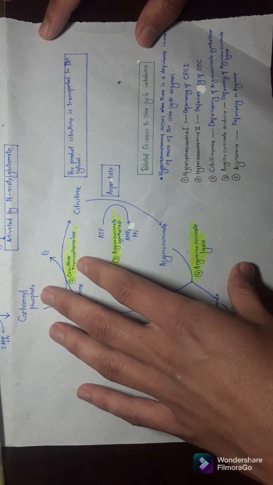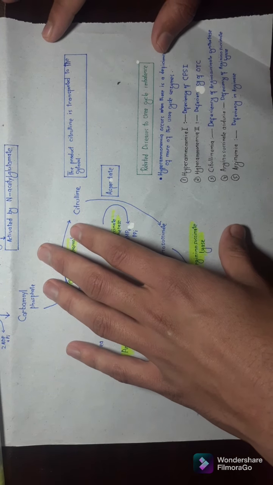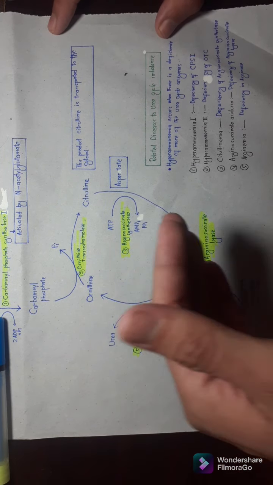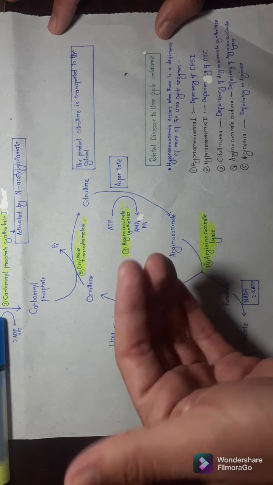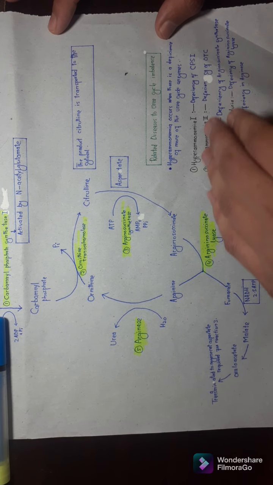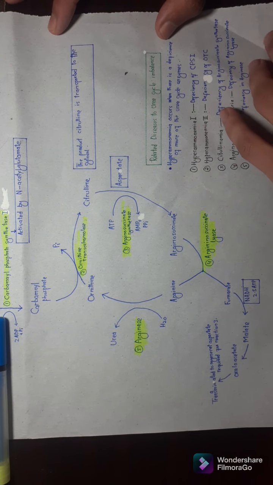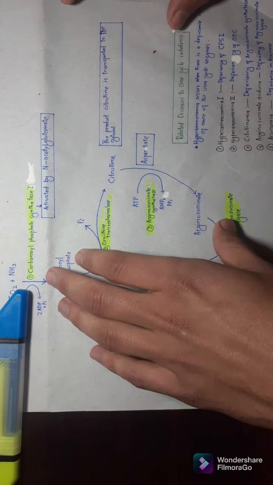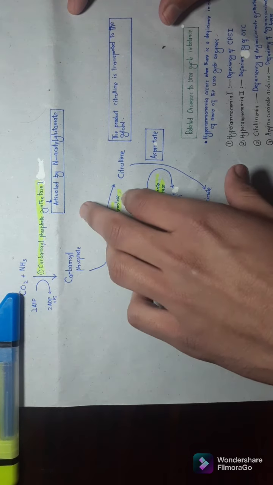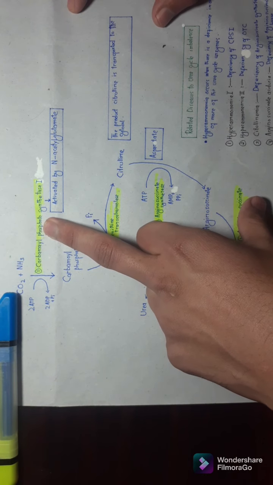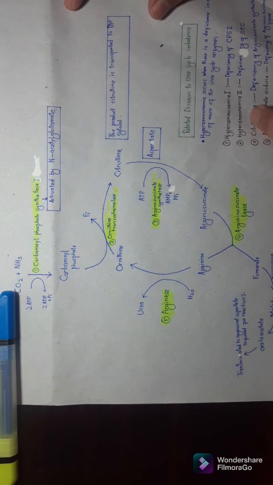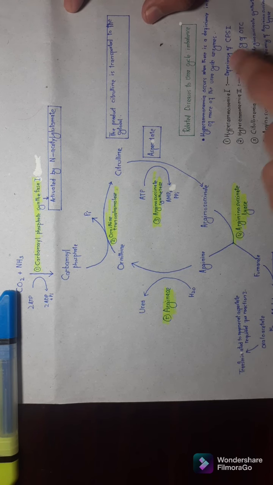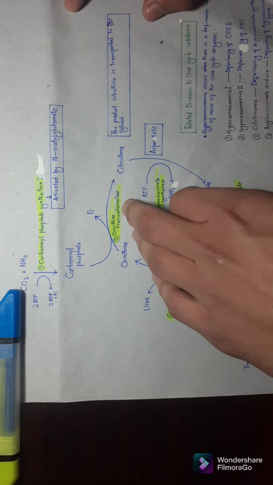In the last, there are diseases which are related to urea cycle imbalance. So what is hyperammonemia? Hyperammonemia occurs when there is a deficiency of one or more of the urea cycle enzymes. So hyperammonemia 1 is the deficiency of carbamoyl phosphate synthase 1. Okay. So the second disease is hyperammonemia 2, which is the deficiency of ornithine transcarbamylase.